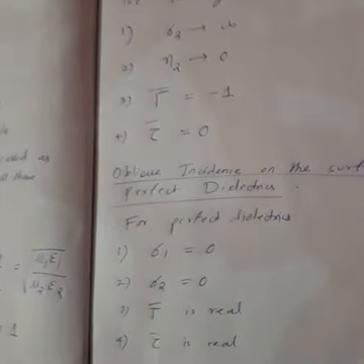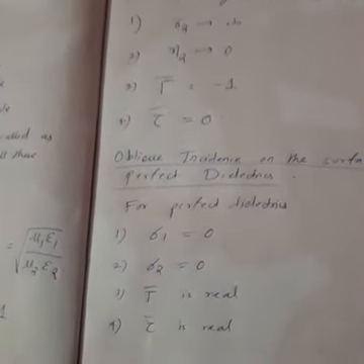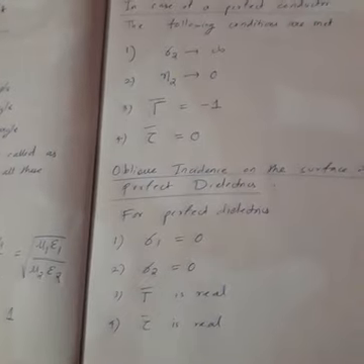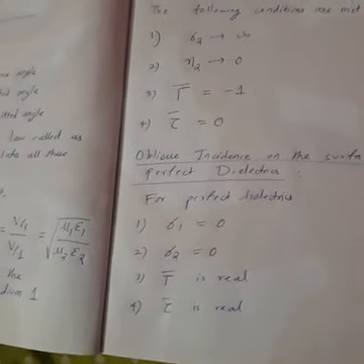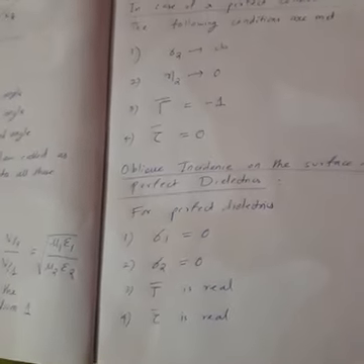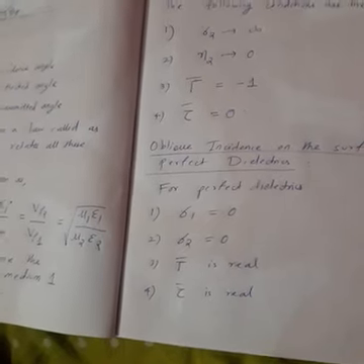But in oblique incidence, the extra thing we find is Snell's law. Because there are angles created between the propagation axis and the incident, transmitted and reflected waves, Snell's law is defined to relate all the angles.